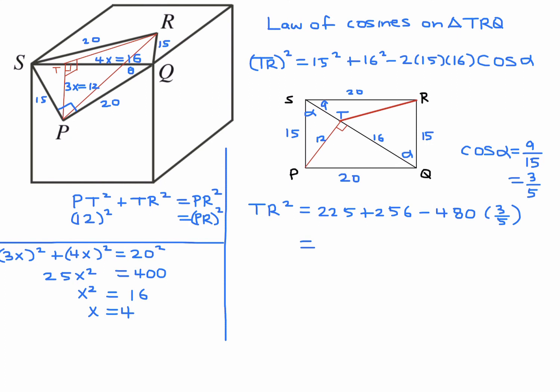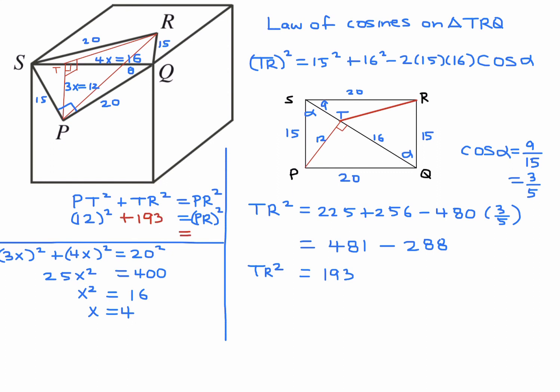So this is going to be 481 minus 288, and that is equal to 193. And that's it. Now we just put it directly from here to here. That's why I wanted to keep it in the same page. So TR squared is 193.